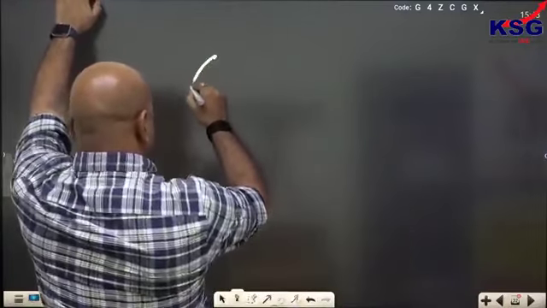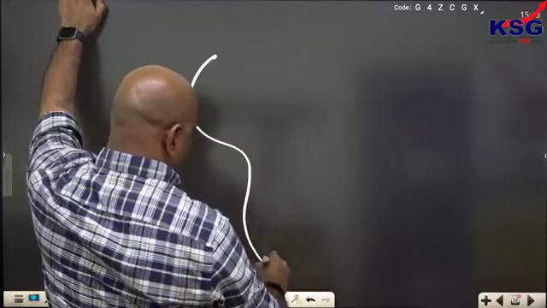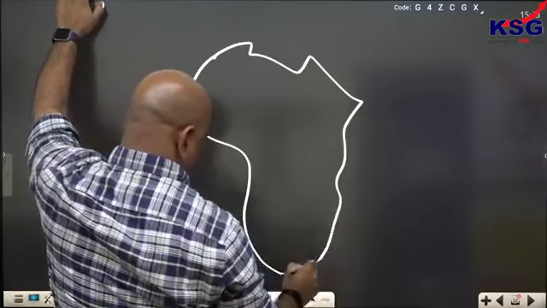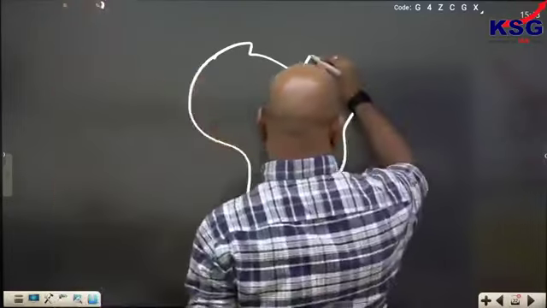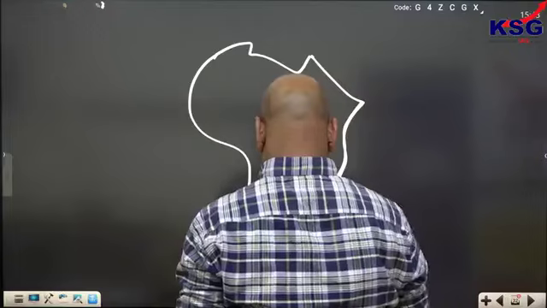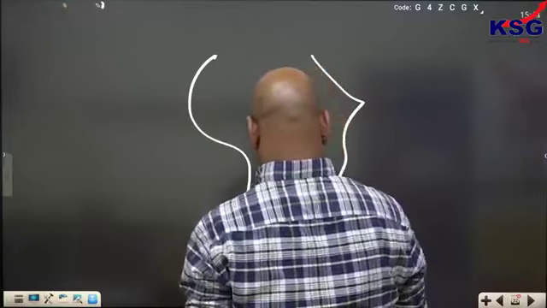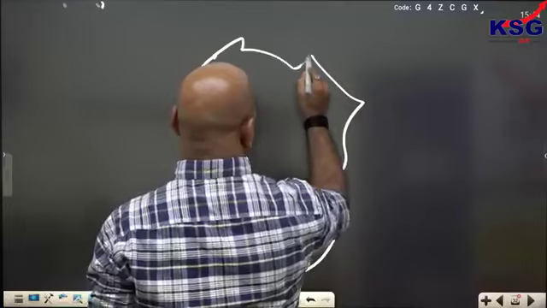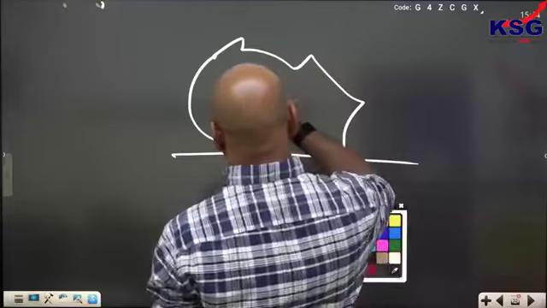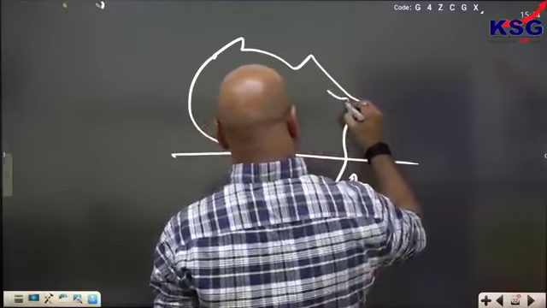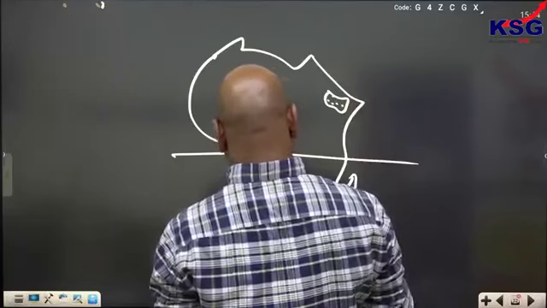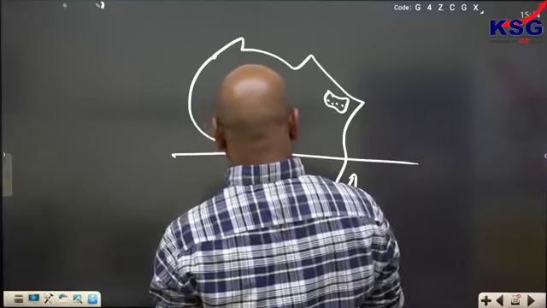See, we have a plateau here, Ethiopian highland, biplateau.